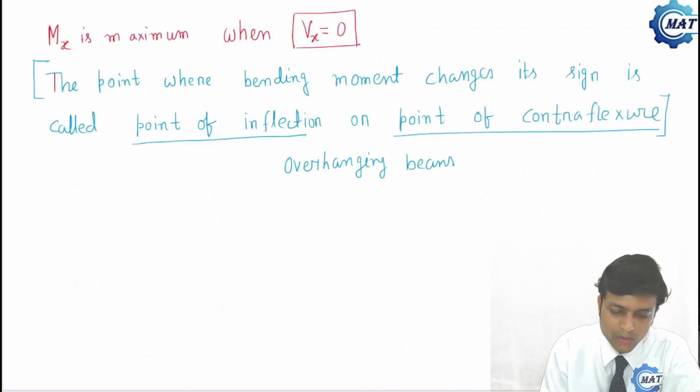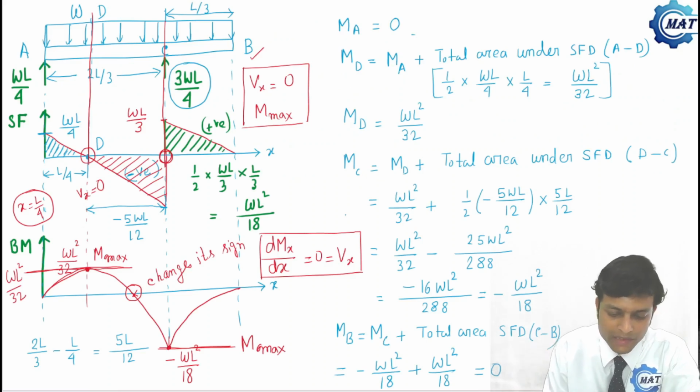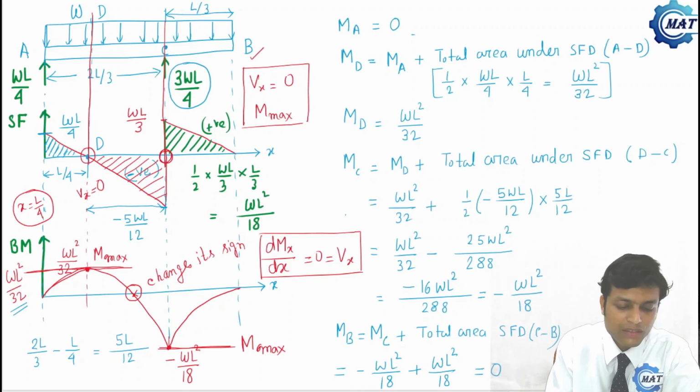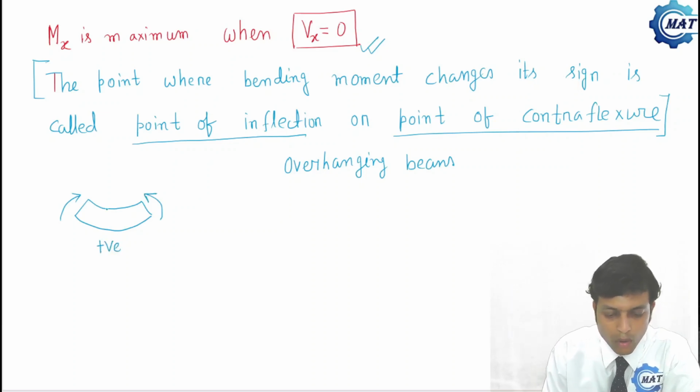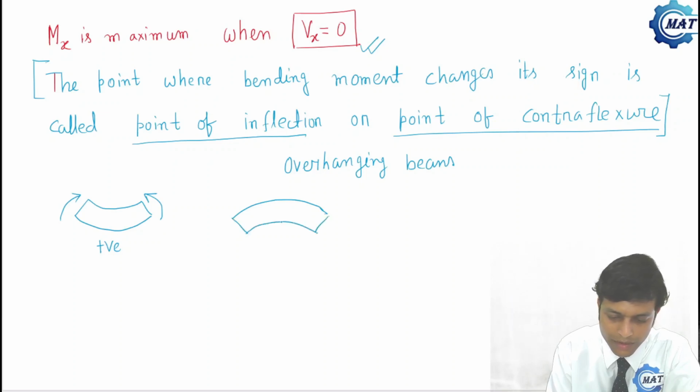And another point we have noted: where shear force is 0, the bending moment will be maximum. Now we got here two maximum bending moments, one positive, another negative. The positive and negative sign implies nothing but the sense of rotation. Bending moment is positive when it tends to bend the beam concave upward, whereas if the sense is opposite, then we call it negative bending moment.